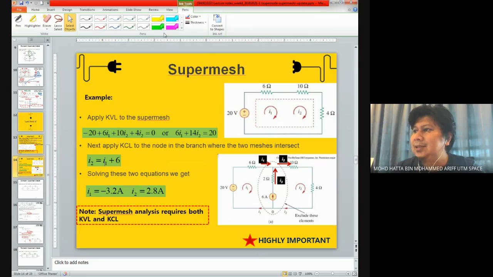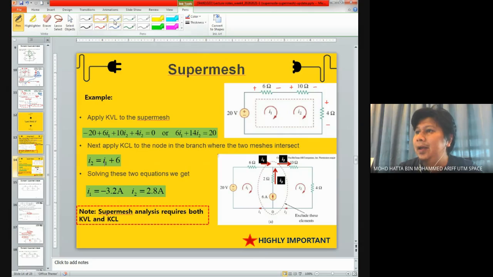So in this case, for example, if I have a current over here, first of all, I will start by labeling the polarity of my voltage drop at each of the resistors inside the Supermesh. So if I assign the polarities, these are the polarities of the voltage drop around the mesh.